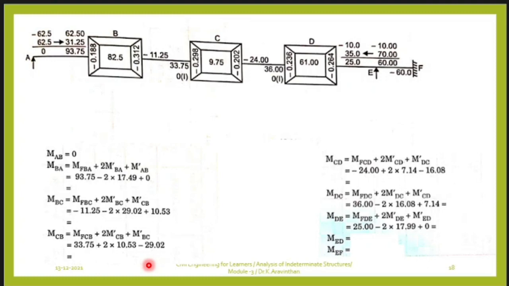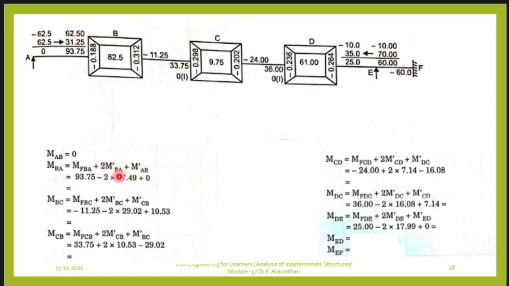Yes, now you can find the fixed end moment. What is the formula for finding fixed end moment? That is, you know MAB is 0. Final moment at AB will be 0. Why? Because it is a hinged end, and BA will be MF BA plus 2 M dash BA plus M dash AB.